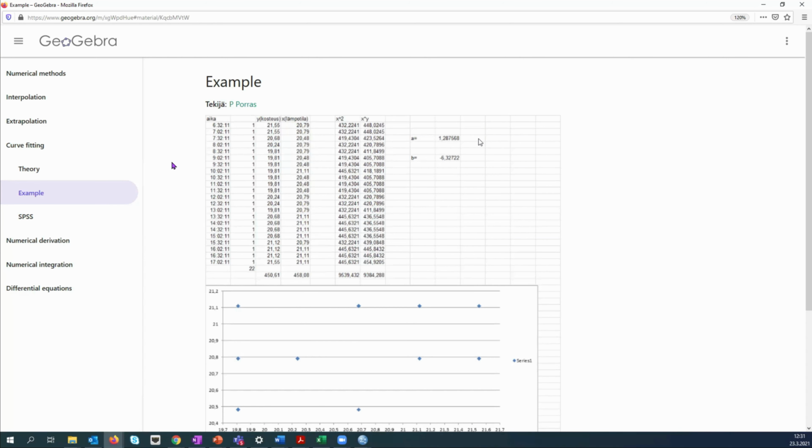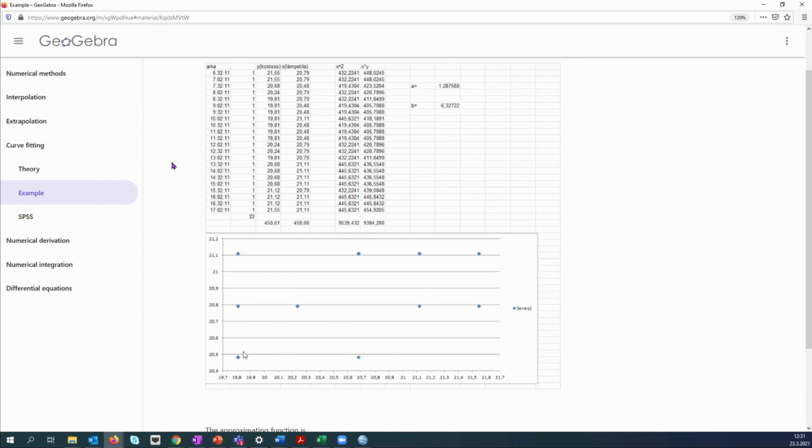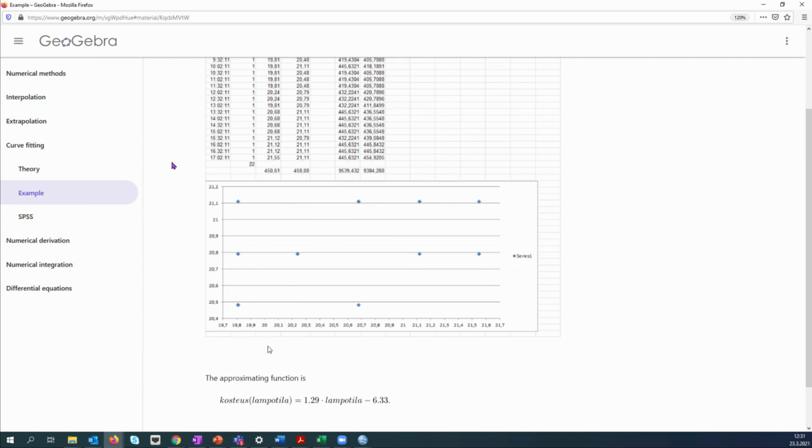I got these values for multipliers A and B. And when I took the scatter plot, we already see here that the points are quite widely spread. So it looks like this is not working at all.